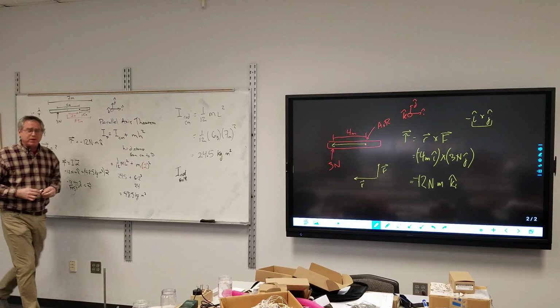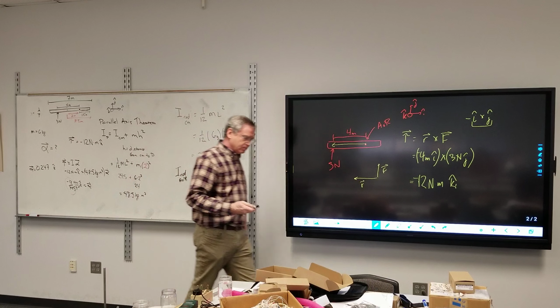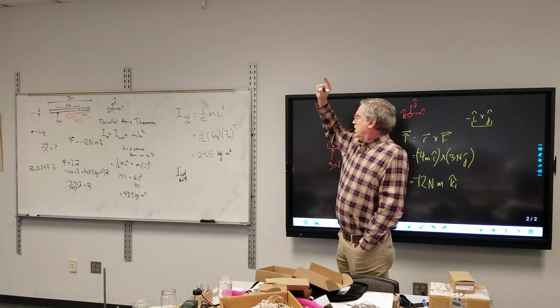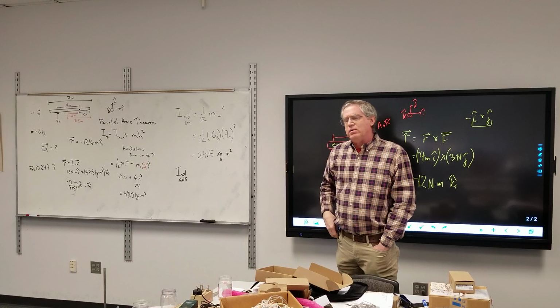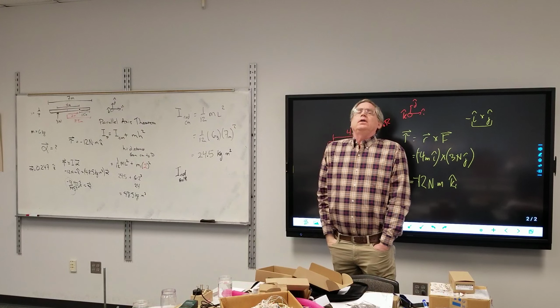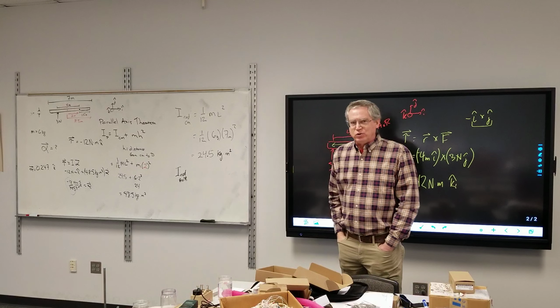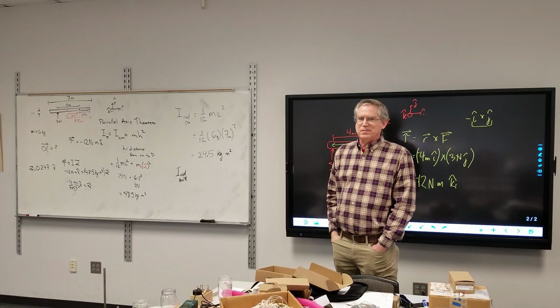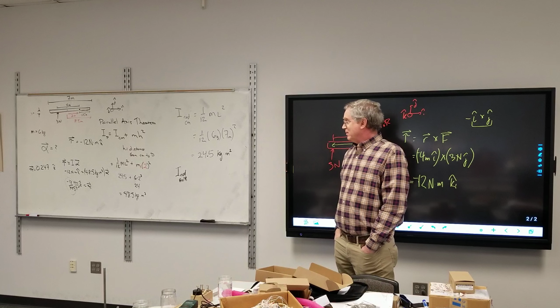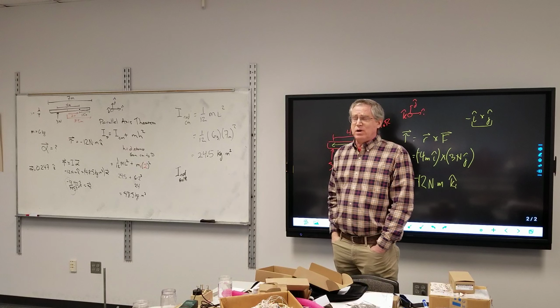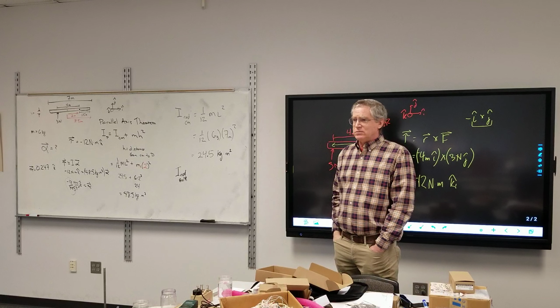All right, so let's talk about units for a moment. A Newton meter is a joule if you're talking about energy and work. A Newton meter is not a joule if you're talking about torque. It is unfortunate, but that's just the way it is. Do not put joules when you're talking about torque.